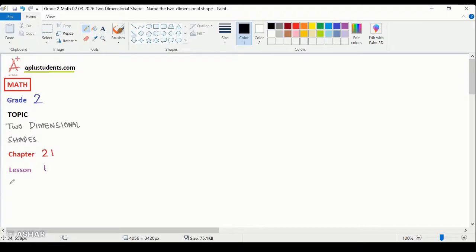And the name of the lesson is Two-Dimensional Shape.